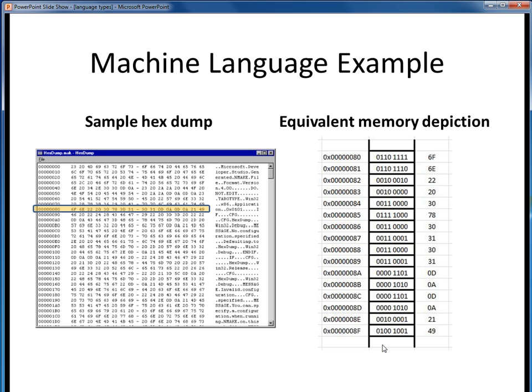Before we leave this slide, I do want to make the important point that internal computer memory never sees this type of hexadecimal data, only this type of binary data. As we said previously, hex is for humans, but binary is for computers. So this on the right is what native machine language would look like to the CPU.